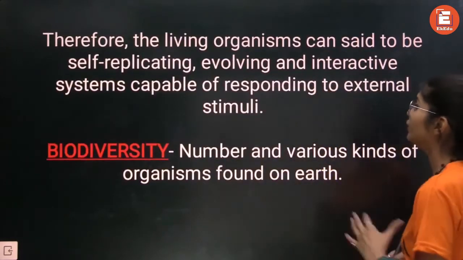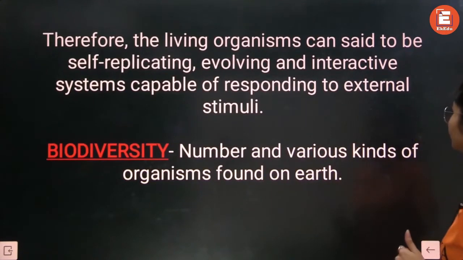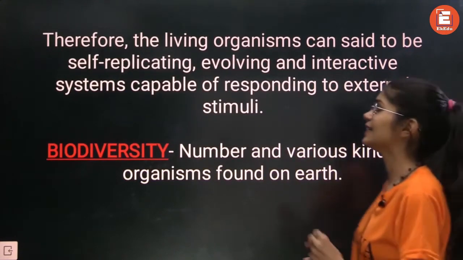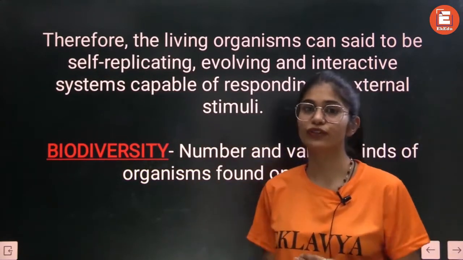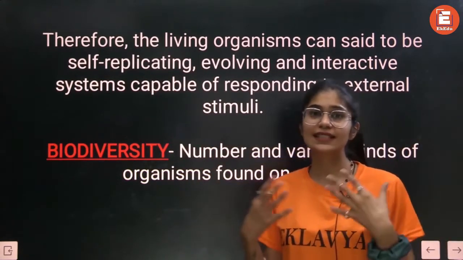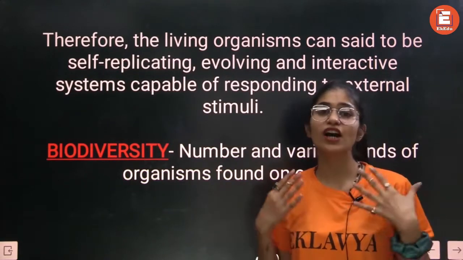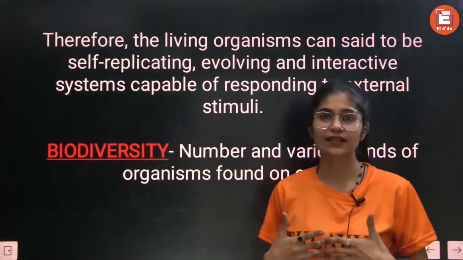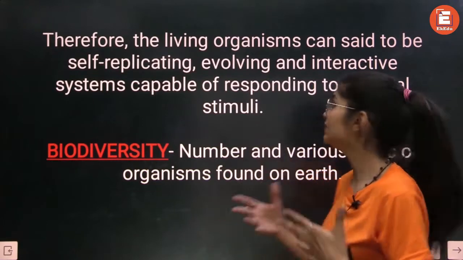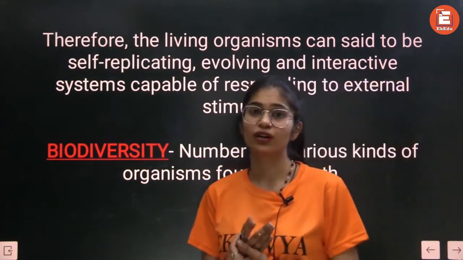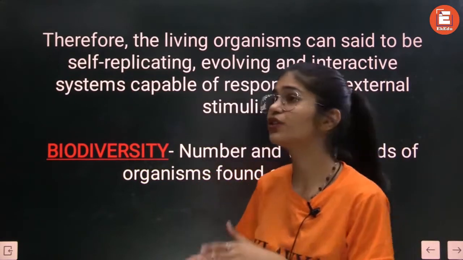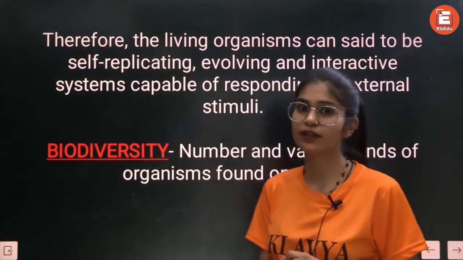Now there are a few things that I would like to talk about here. What it says is living organisms are self-replicating, which is obvious. Like we reproduce, our cells are replicating themselves, and we ourselves as an entire organism reproduce too. Other than that, we're evolving. What is evolution? Let's talk about evolution here because the word evolve is very important in this topic.